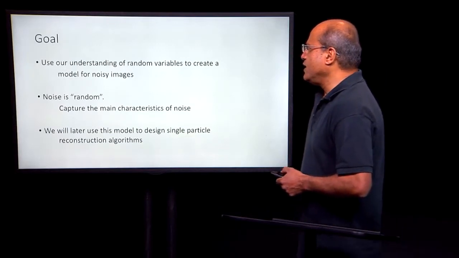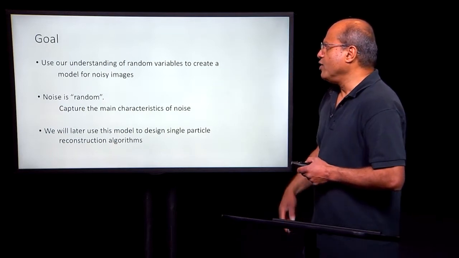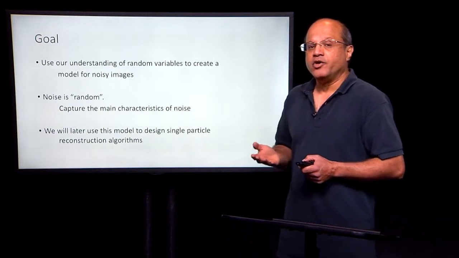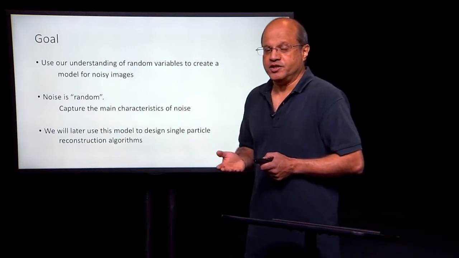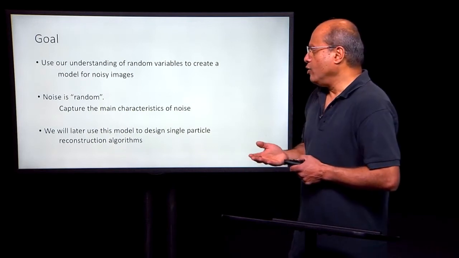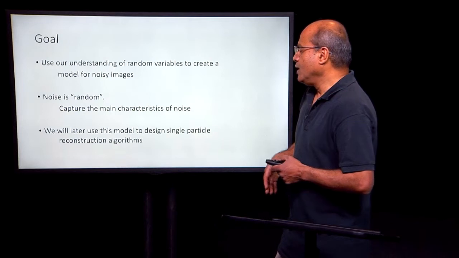So our goal in this lecture is to use our understanding of random variables to create a model for noisy images. CryoEM images are noisy, and we need a model for the noise in order to do good single particle reconstruction.